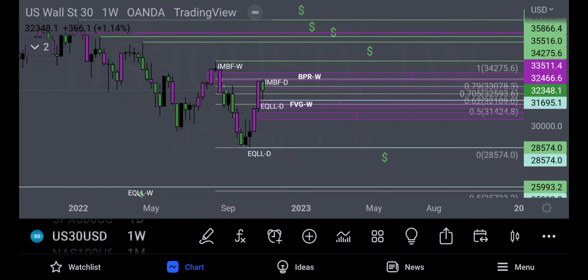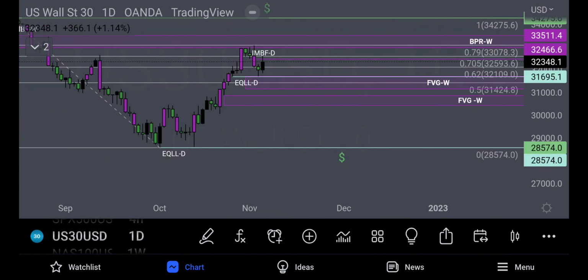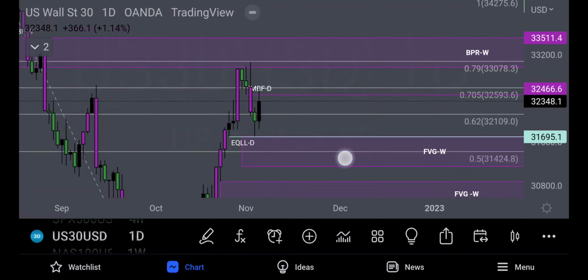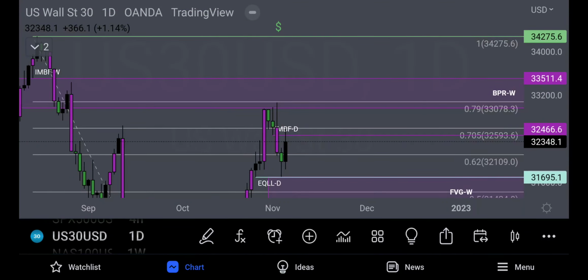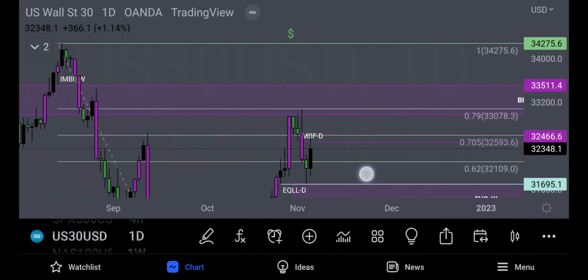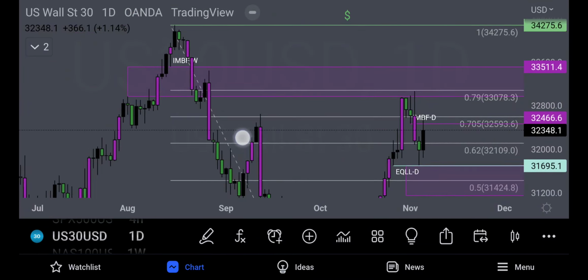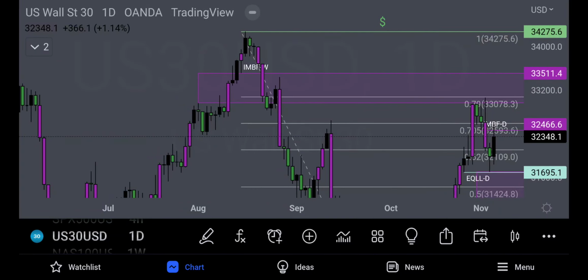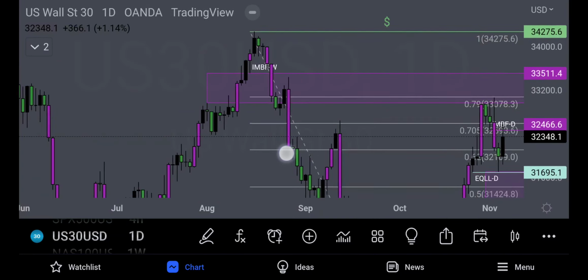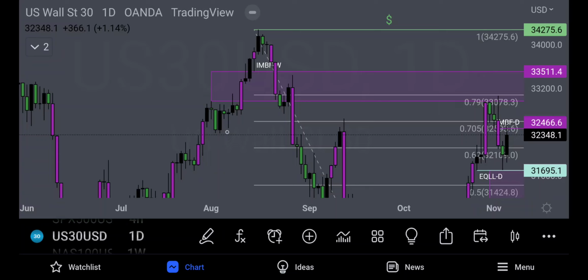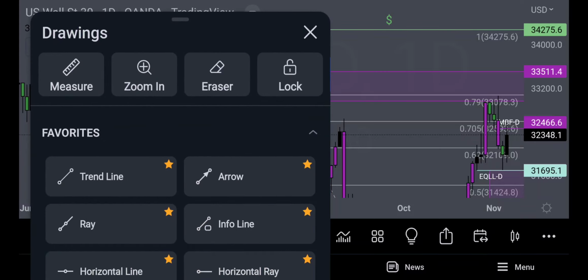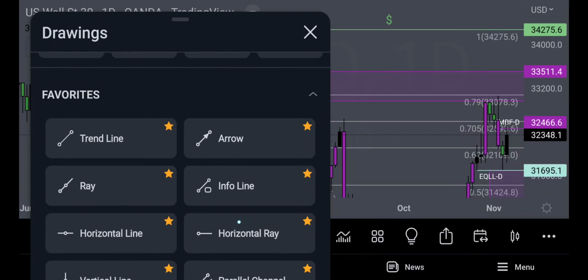Let's drop down to the daily. And what are we seeing here on the daily? So here on the daily, let's take a look all the way over here, guys. I'm going to grab an arrow.